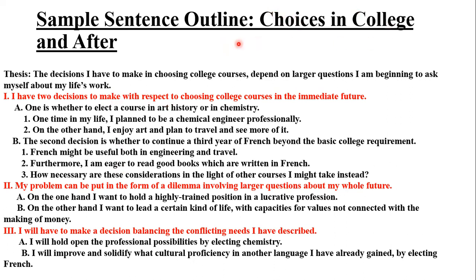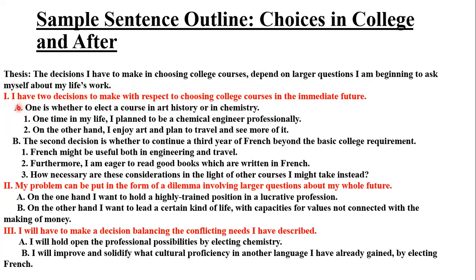Choices in college and after, same topic, clear? And the thesis, meaning the point of view of the writer, is: the decisions I have to make in choosing college courses depend on large questions I need to ask myself about my life's work. Here you find a full sentence: I have two decisions to make with respect to choosing college courses in the immediate future.